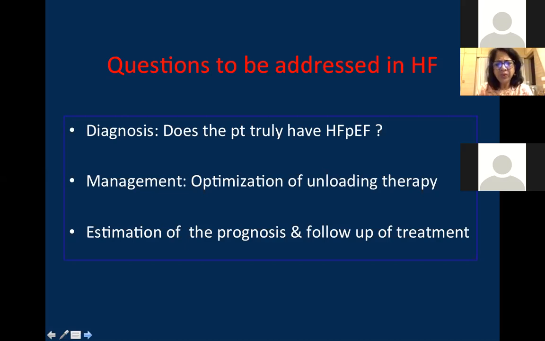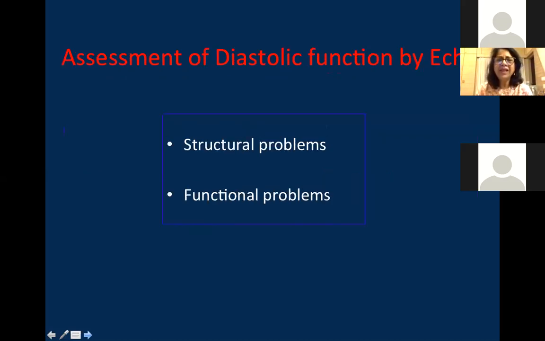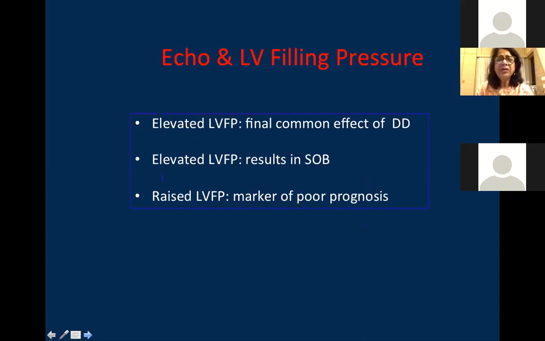Now, all these questions can be answered while assessing the patient's diastolic function by echocardiography, because echocardiography not only gives us the idea about structural problems associated with diastolic dysfunction, it also gives us the information about the functional problem or the hemodynamic changes which are associated with diastolic dysfunction, because it is the LV filling pressure which is responsible for diastolic heart failure.